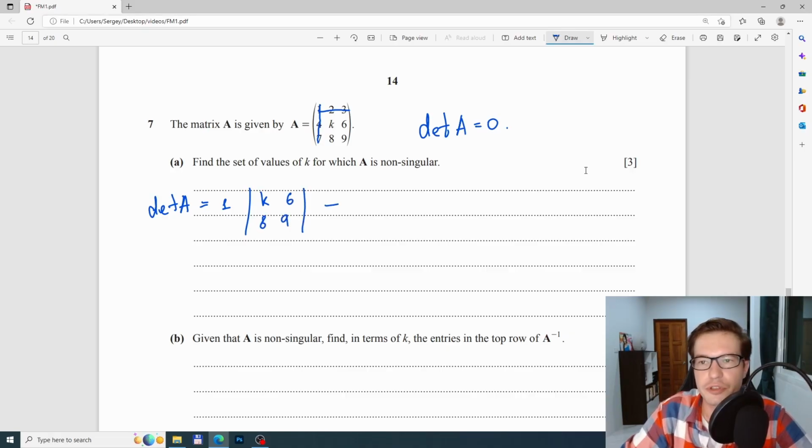Then we have to alternate plus and minus sign. Cross out 2, we got 4, 6, 7, and 9. Don't forget to alternate the plus and minus sign. Finally, cross out 3, 4, k, 7, 8.